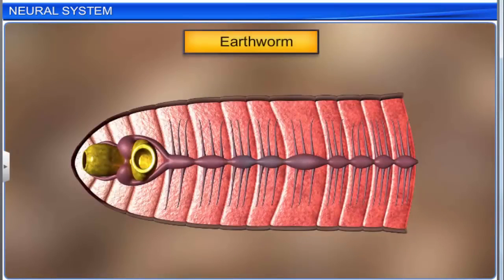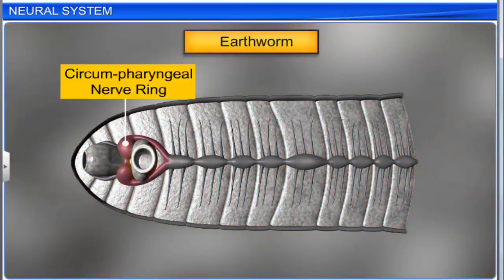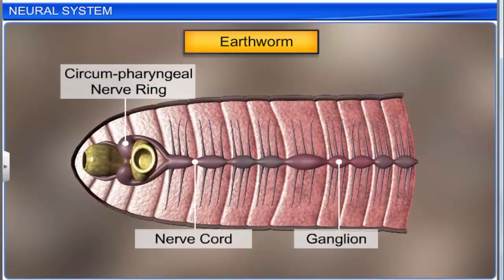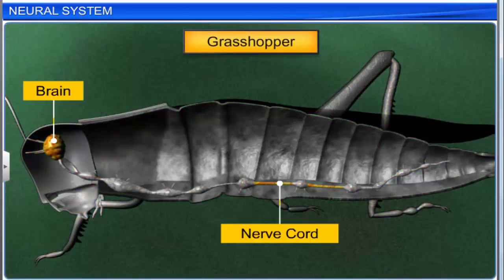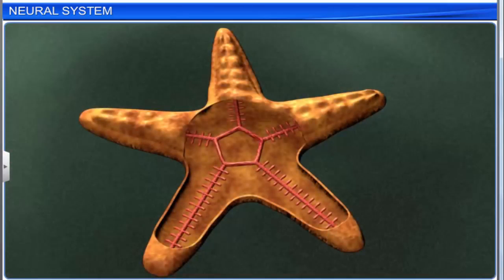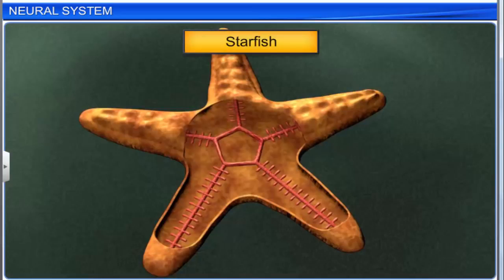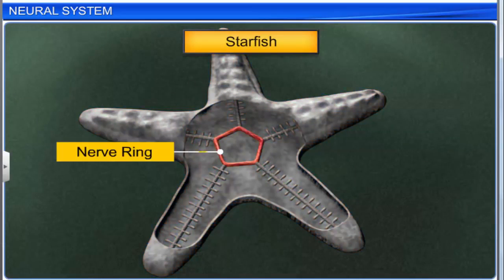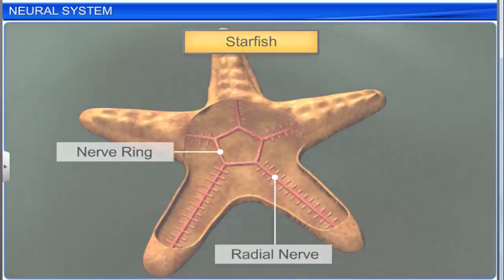The neural system of earthworms consists of circumpharyngeal nerve ring and a single, solid, ventral and ganglionated nerve cord. Insects have a better organized neural system. Starfish do not have a brain, and its nerves are radially organized with a connecting ring in the center.